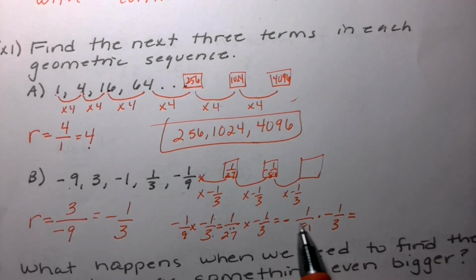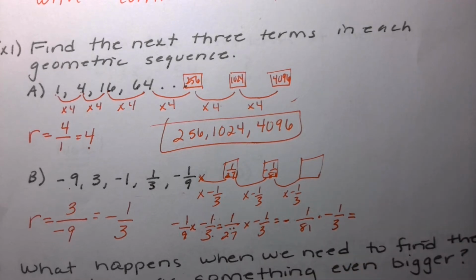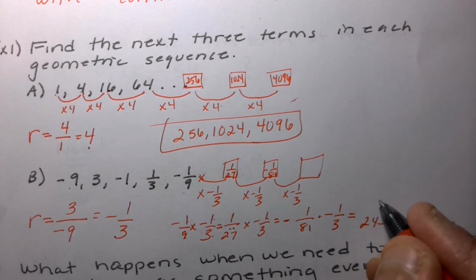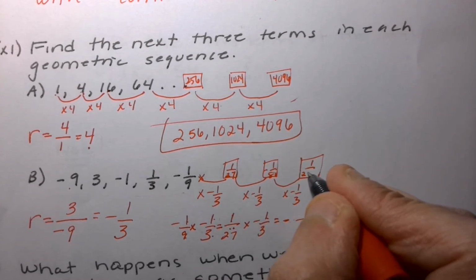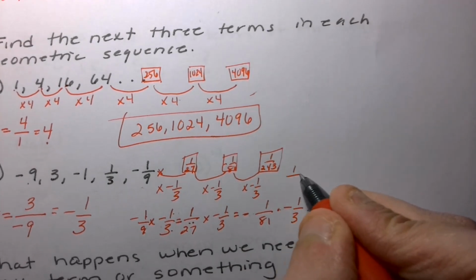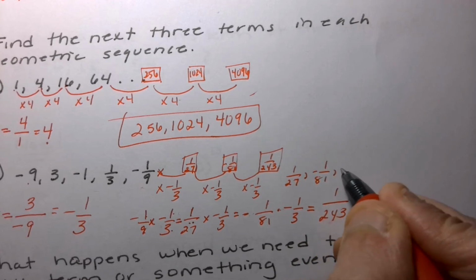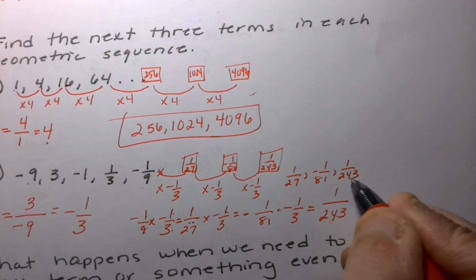And we go back to positive again, because a negative times a negative is a positive. 1 times 1 is 1, and 81 times 3 is 243. So my answers would be 1 over 27, negative 1 over 81, and 1 over 243.